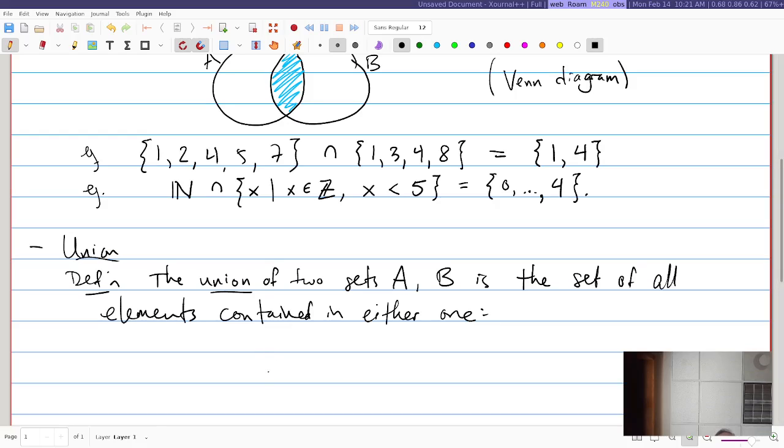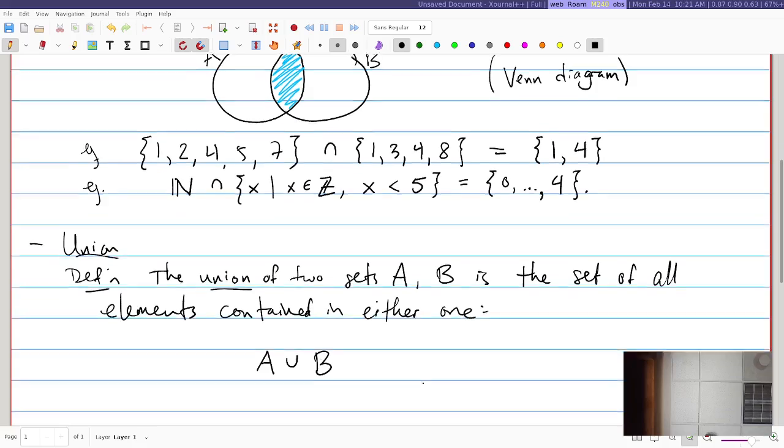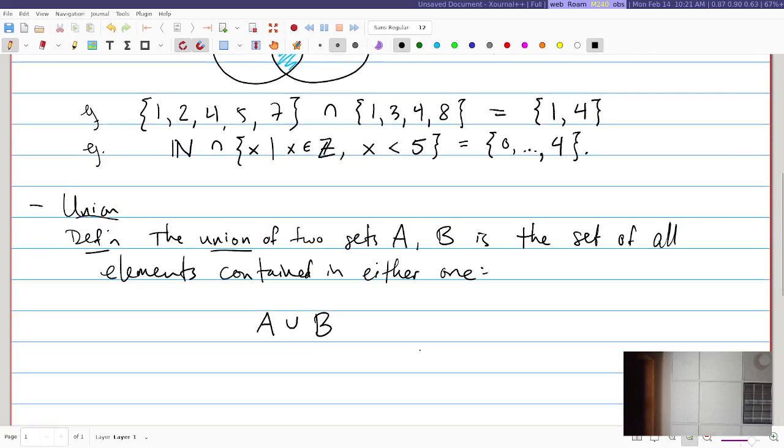That is A union B. For union we use the same symbol but flipped upside down, or flipped right side up. Everybody knows that. It's like a little U.